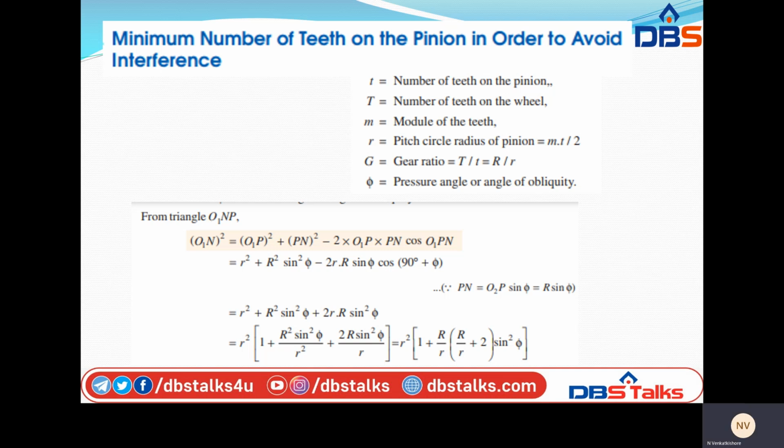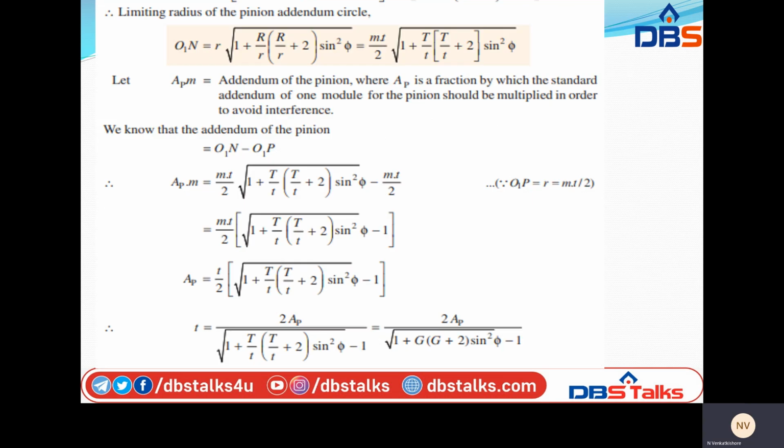By taking into consideration the limiting radius of the pinion addendum circle, O1N is equal to r into square root of 1 plus capital R by small r into capital R by small r plus 2 into sine square phi.